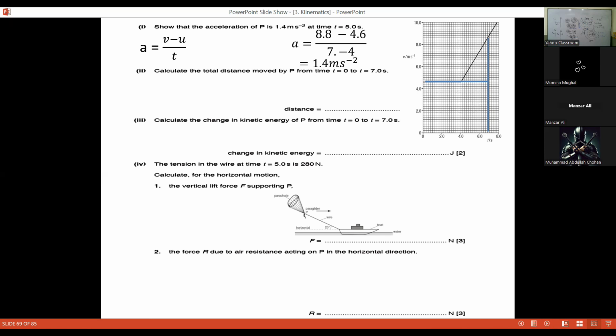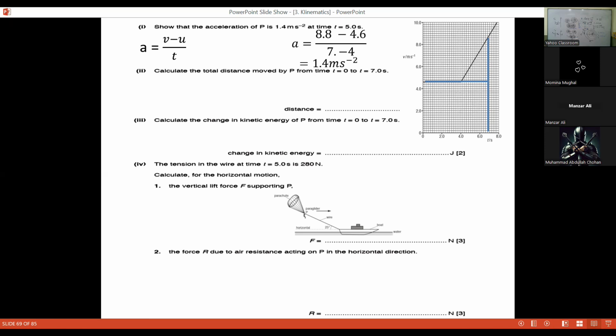What is the total distance moved in 7 seconds? Now we know that area under the graph is the distance traveled. In 7 seconds, the whole area, the rectangle below and the triangle above, both areas are to be added to get the total distance traveled.